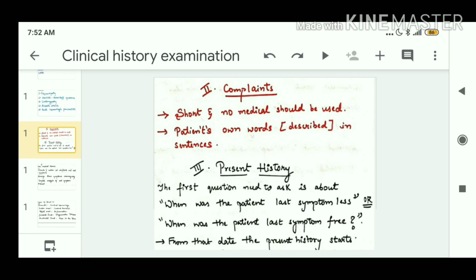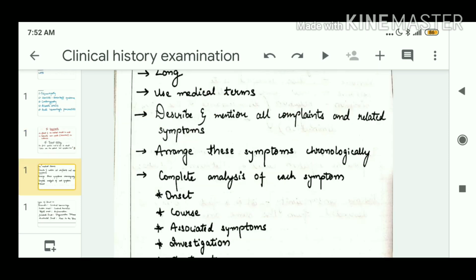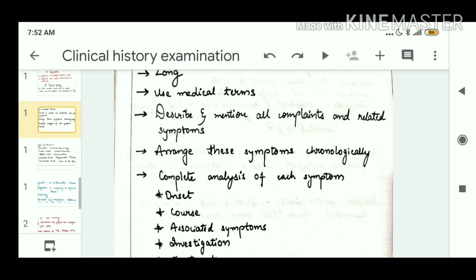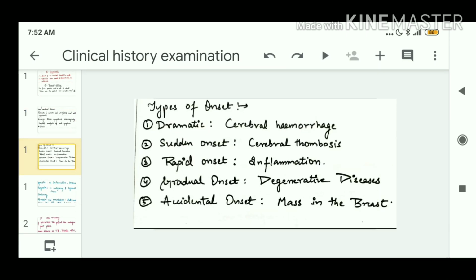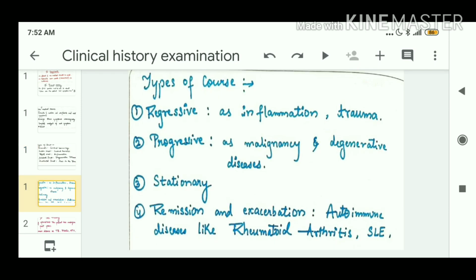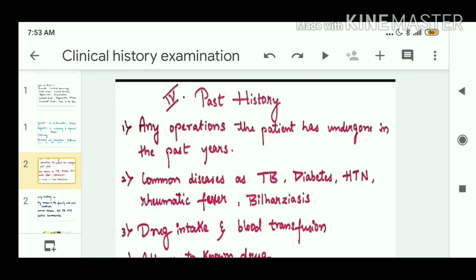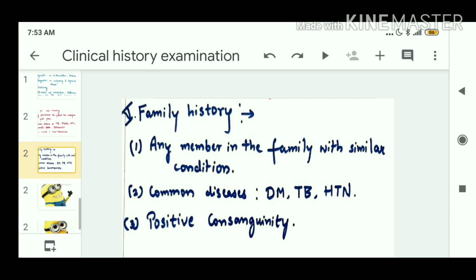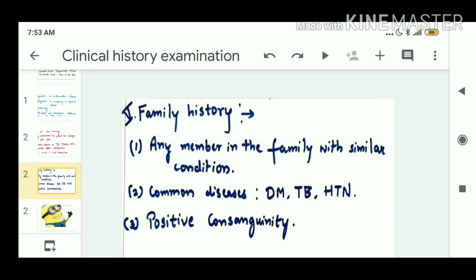The patient's own language should be used. In present history, you can use medical terms and mention all the complaints. Arranging symptoms chronologically is very important. Next, type of onset, types of course, past history, family history. Here you complete the clinical history examination.